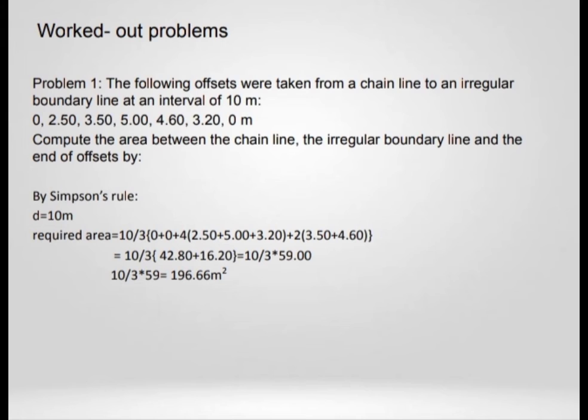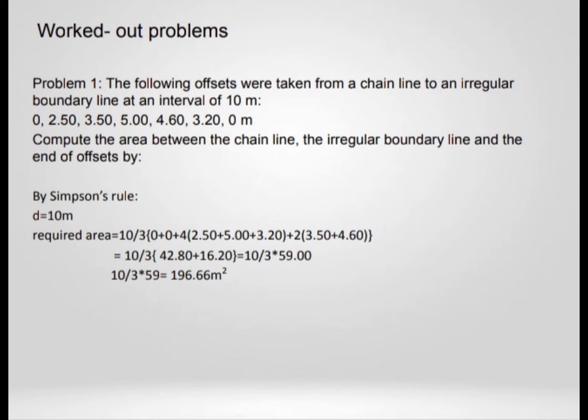So here the distance is 10 meters. The required area is equal to 10 over 3. Then we have 0 plus 0 plus 4 times 2.50 plus 5.00 plus 3.20 plus 2 times 3.50 plus 4.60.